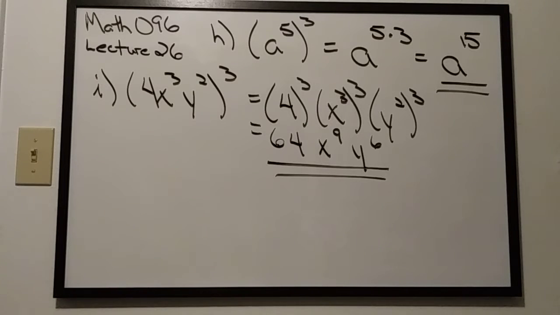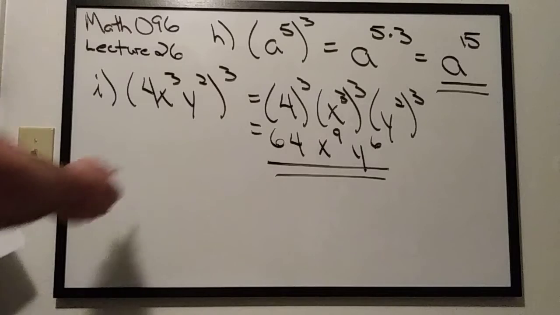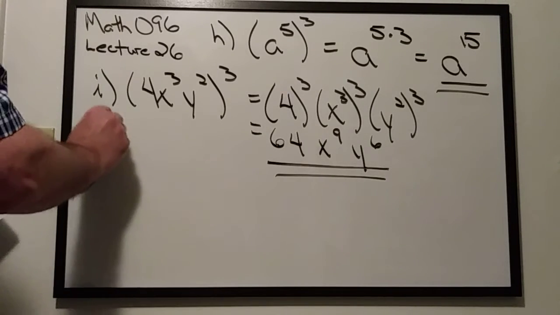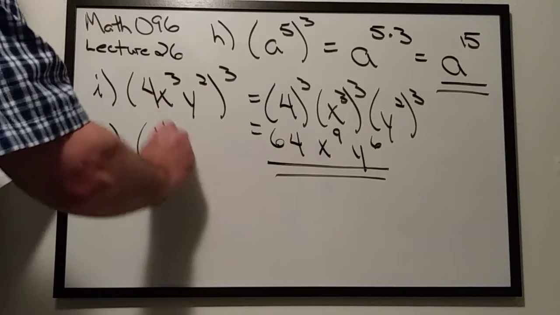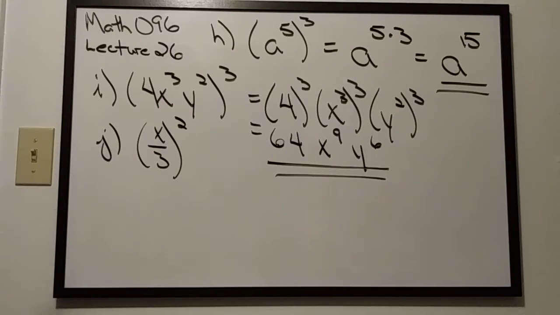Well, let's go ahead and check out what happens if instead of a multiplication on the inside, we have a division. So let's check out part J. So for part J, we have x divided by 3 to the second power. Well, x divided by 3 to the second power, this is an example of a quotient. So we have the power of a quotient.